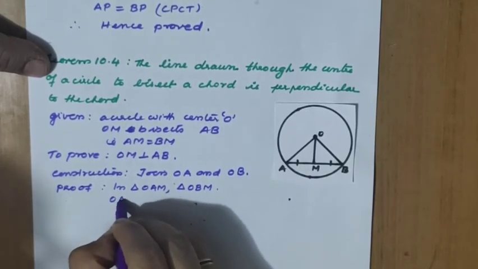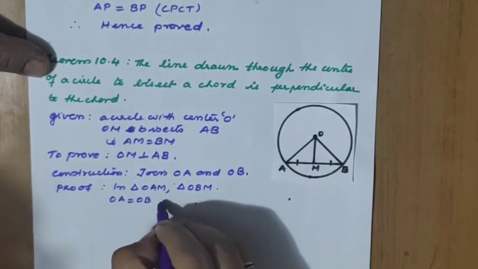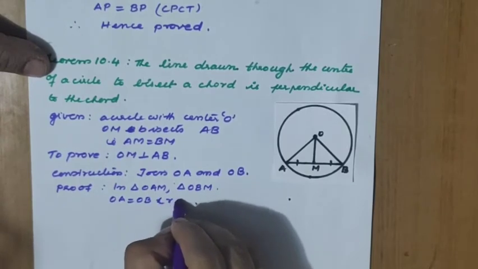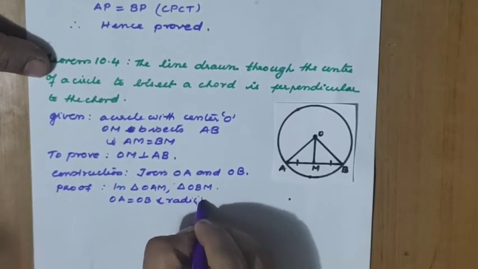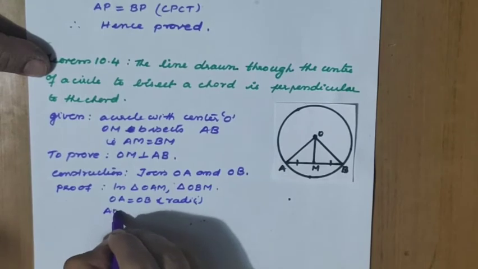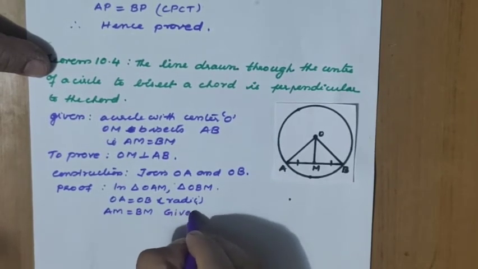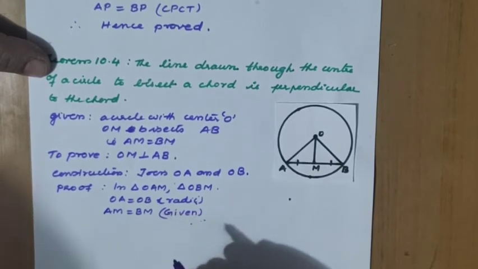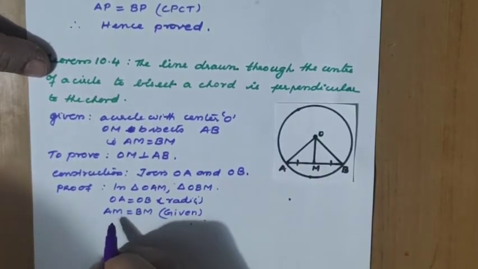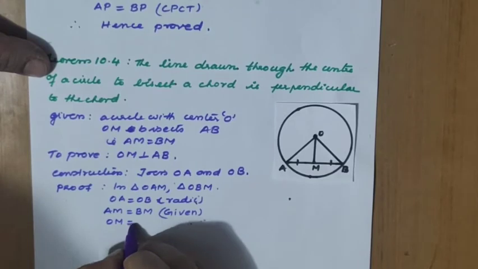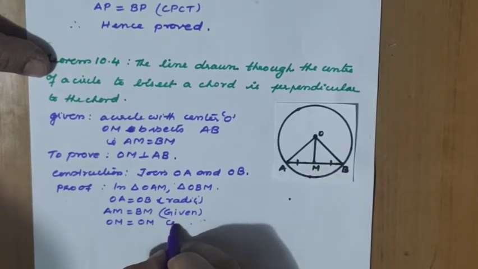So OA equal to OB, radii, AM equal to BM, given. Now what is left? No angle is given this time, so the third side, OM equal to OM, common.